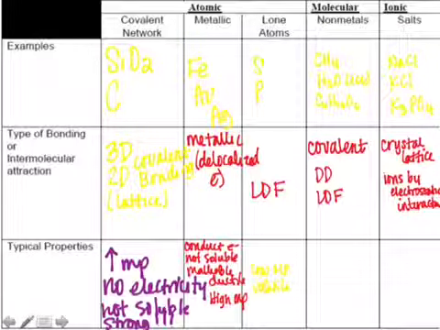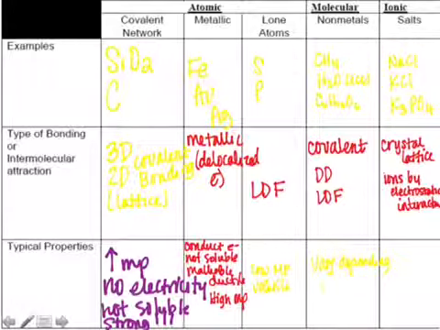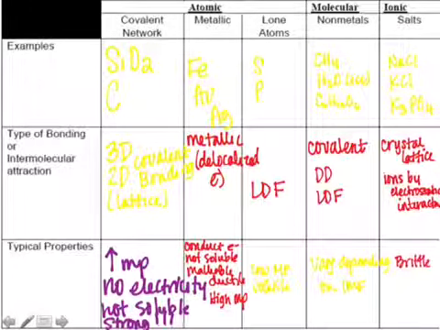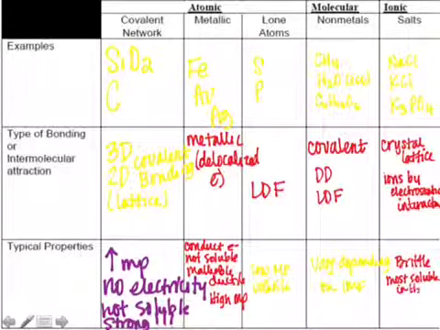Our nonmetals will vary depending on our intermolecular force. And our ionic salts are brittle, most of them are soluble, and they have high melting points.